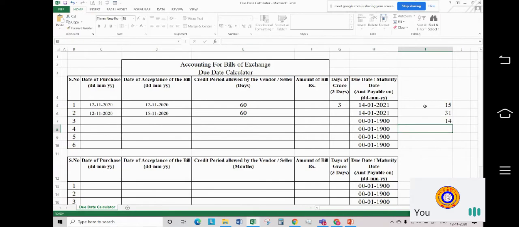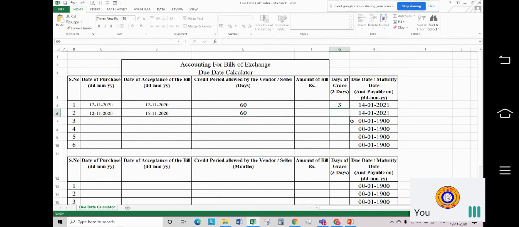So exactly if you see, 60 days, when I add to this date, it becomes 14th January. So it is correctly matching up. Now, if I give the 3 days grace, it will become 17th of January. If I don't give it, then obviously this will be my due date. So this is in terms of days.